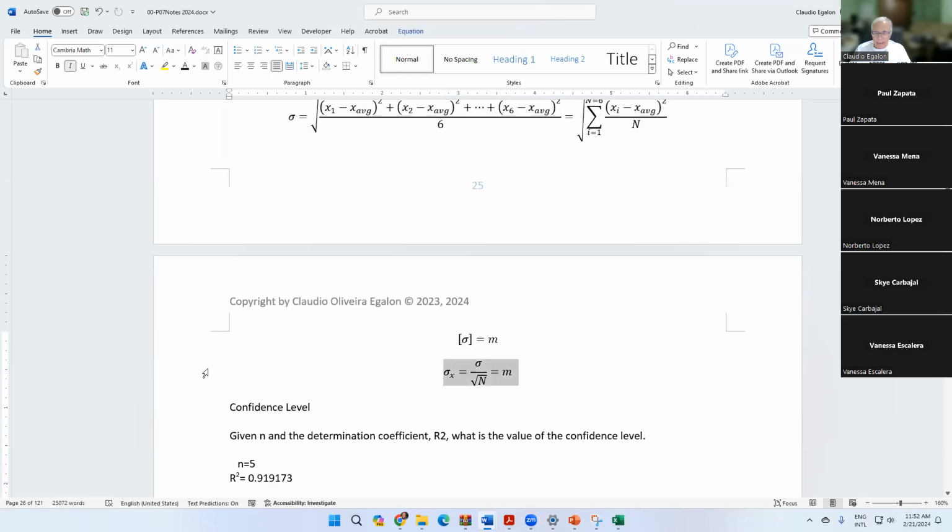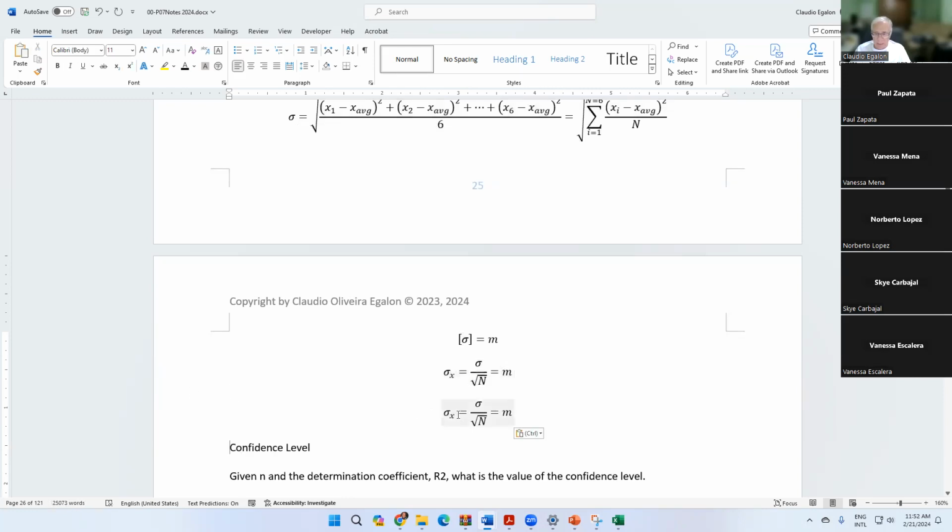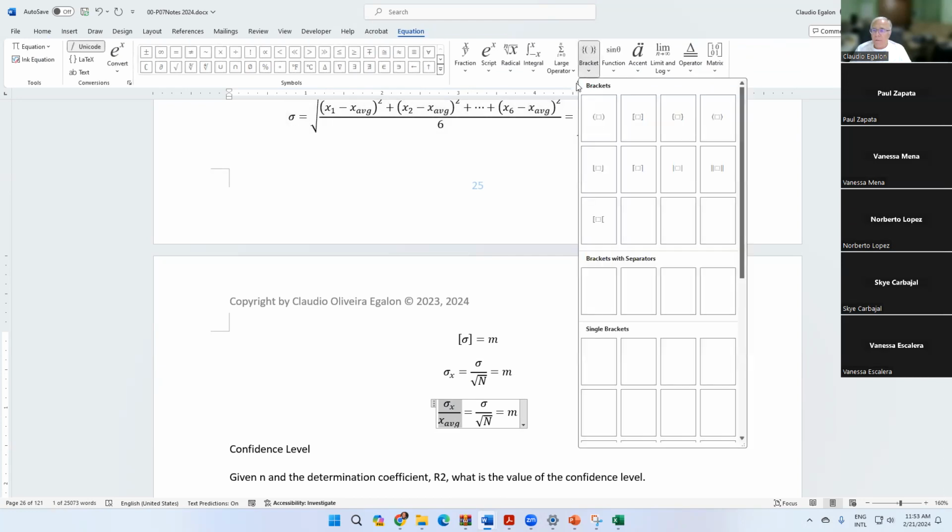And finally, you have that other parameter that you need to find the unit of as well, sigma x over x average, right? Remember that? That's the other unit that you have to figure out.